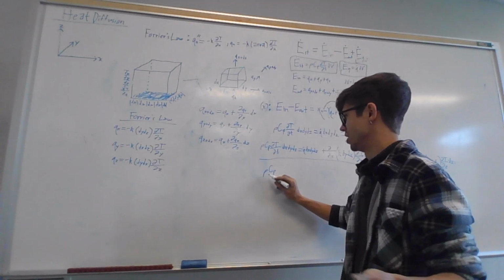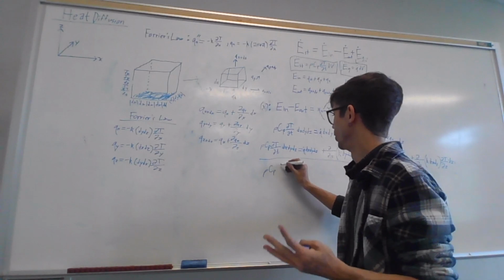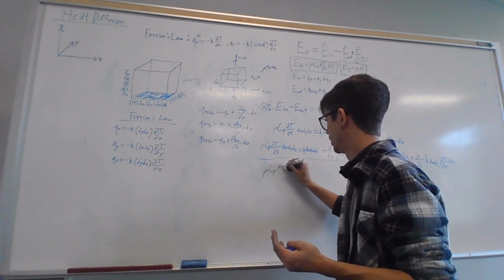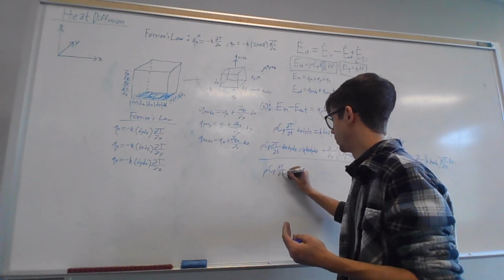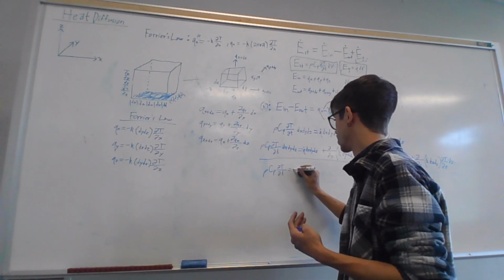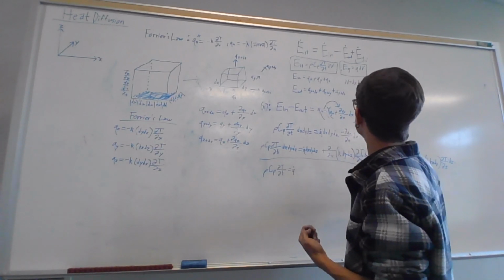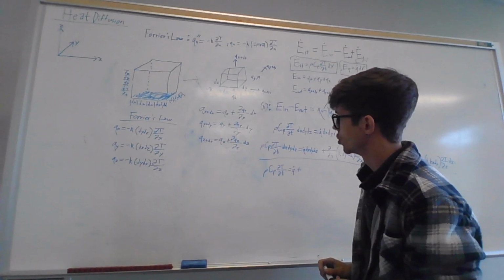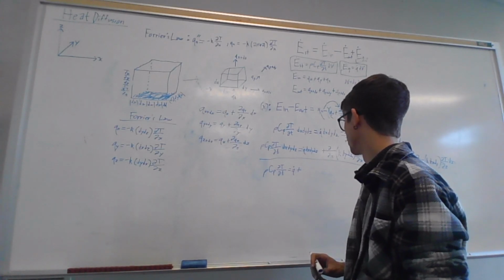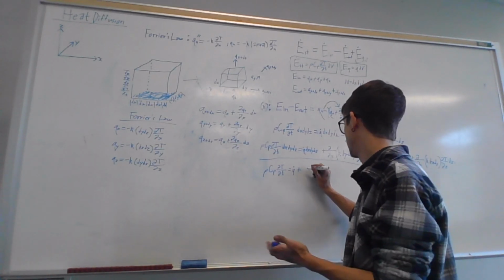When we multiply density by specific heat capacity, that's our thermal energy term, times change in temperature, change in time, equals q dot, so our energy generation term, plus our directional energy going in minus energy going out, with the volumes canceled out.